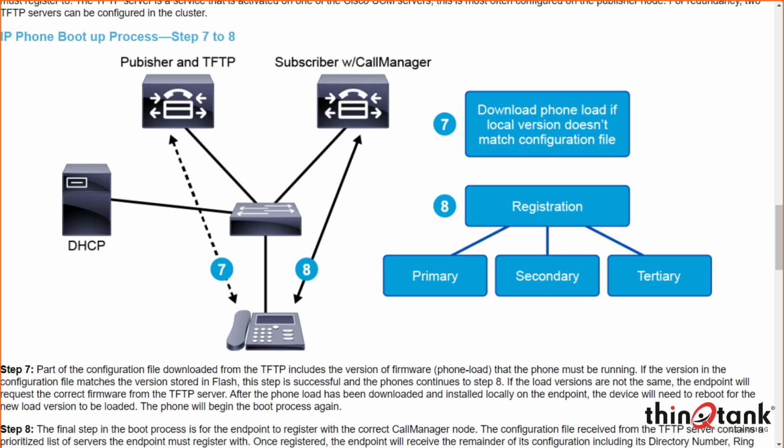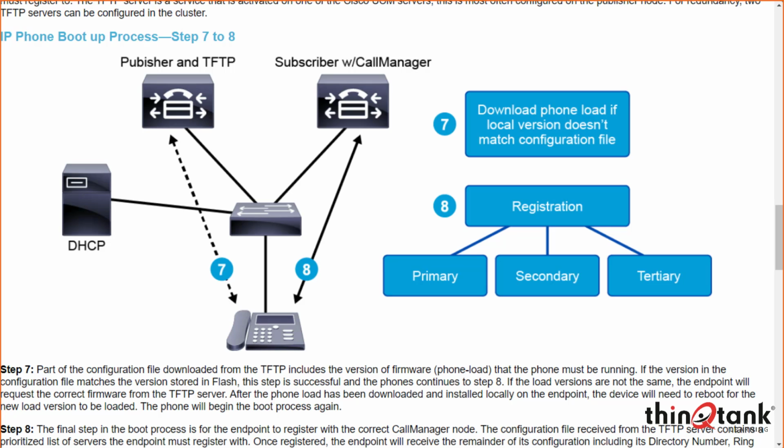There's a place called Device Loads, under the device configuration screen, or you can specify the firmware that you want to use under the phone configuration profile itself directly. But if the firmware running on the phone does not match the firmware specified in Unified Communications Manager, whether it's an upgrade or a downgrade, the phone will apply that firmware. It will receive that firmware through TFTP as well.